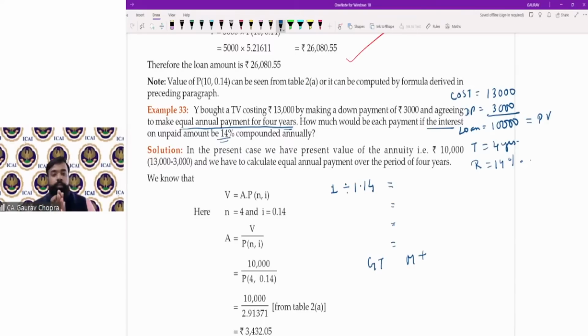As soon as you press GT, what do you have to use after GT? M plus button. Now, what is the last step? 10,000 divided by MRC. You will get the result on your screen. Okay, 10,000 divided by MRC, and you will get the result as 3,432. So this will be your EMI, equal annual installment.